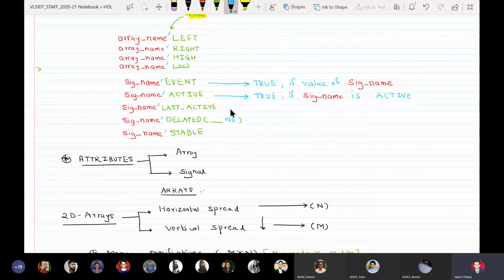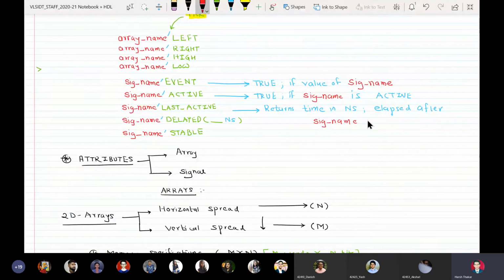This particular attribute, sig name tick last active, returns the time in nanoseconds elapsed after the signal was active.